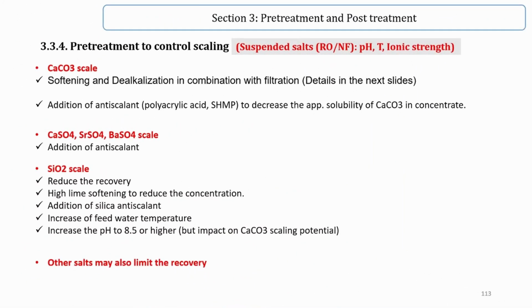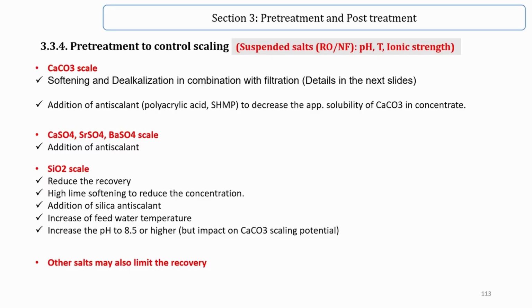Pretreatment to control scaling. As we have already discussed, the salts that most commonly form scale are calcium carbonate, calcium sulfate, strontium sulfate, barium sulfate, and silica complexes such as silicon dioxide.